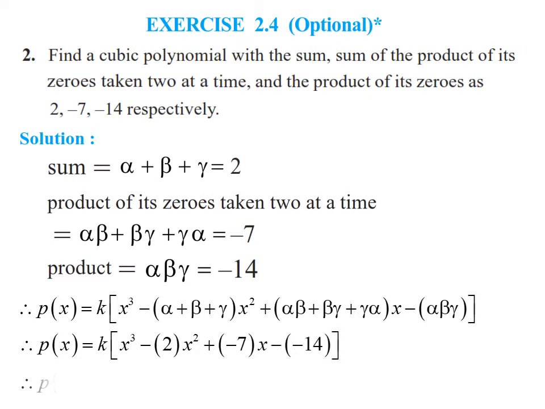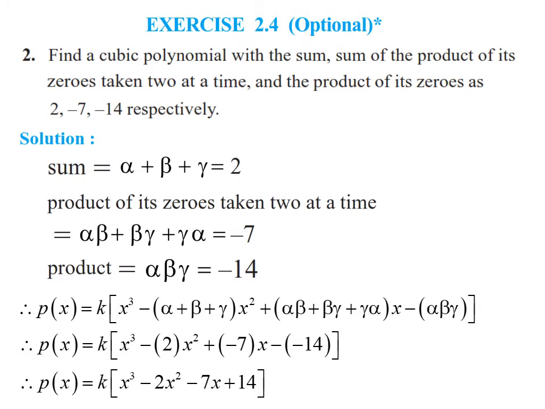After simplification, p of x becomes k into x cube minus 2x square minus 7x plus 14, which is your required polynomial, where k is a non-zero real number. So you got the concept of how you can find any cubic polynomial by this method.